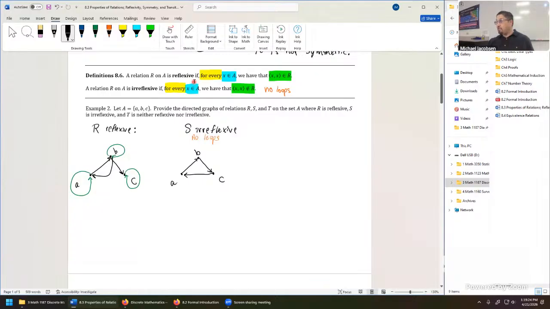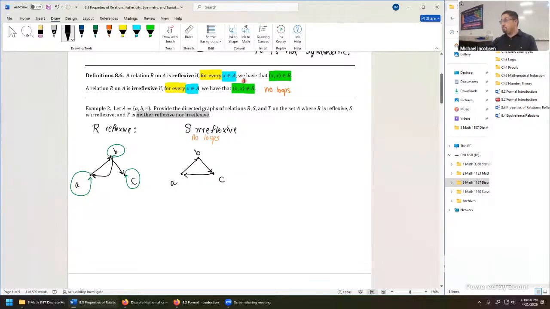And now if we want one that is neither reflexive nor irreflexive, all we're doing is negating these properties. If it's not reflexive, that means there exists an element that doesn't relate to itself. And if at the same time it's not irreflexive, negate this, that means there exists another element that is related to itself.